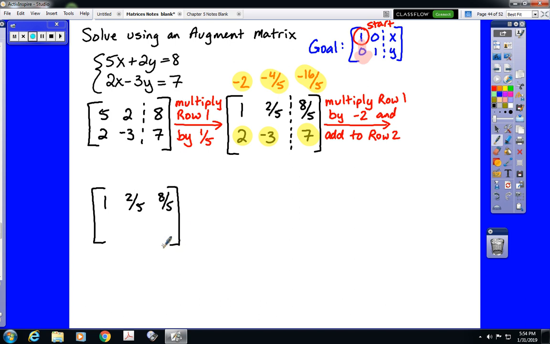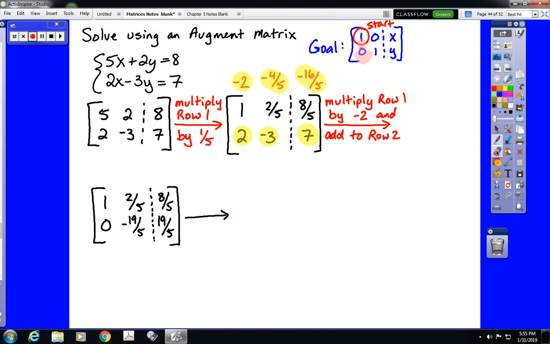And the new second row is 0, then negative 4 fifths plus negative 15 fifths, getting a common denominator, gives negative 19 fifths. And then negative 16 fifths plus 35 fifths is 19 fifths. If you're unsure about it, use your calculator. That is what it's there for.